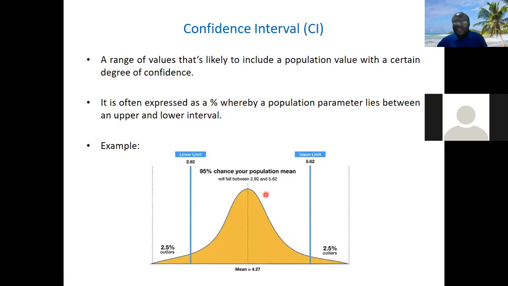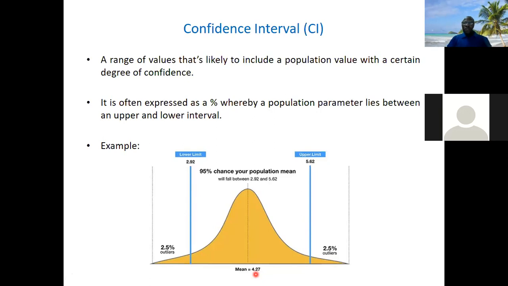This graph is just to give you a picture of it. You can see you have a point estimate. The parameter of interest is the mean in the population, and the estimate you get from your point estimate is 4.27. To calculate the interval estimate, you now have the lower limit and the upper limit.